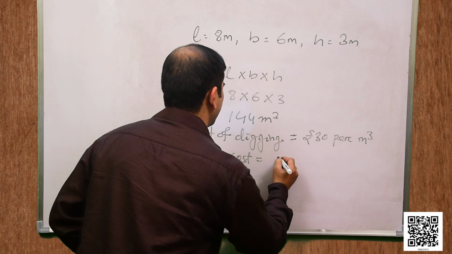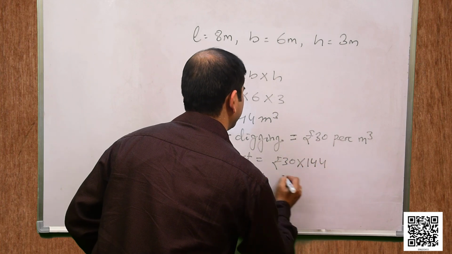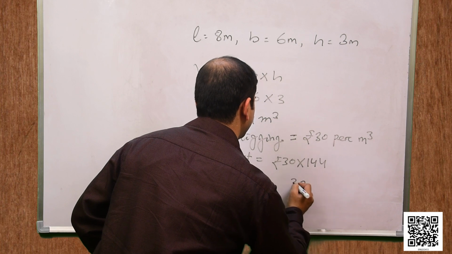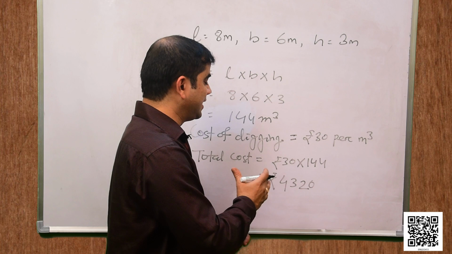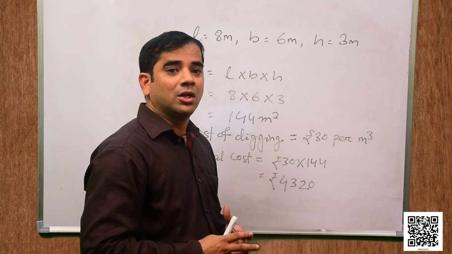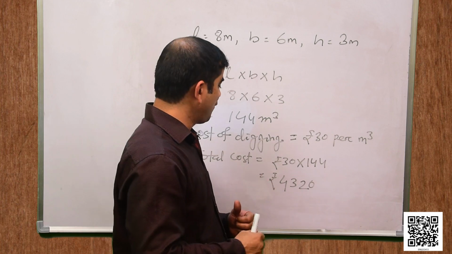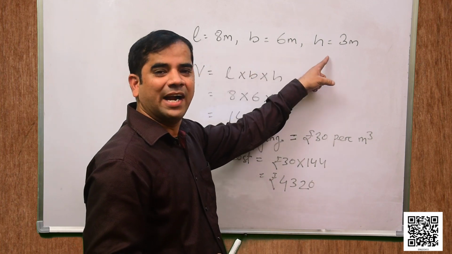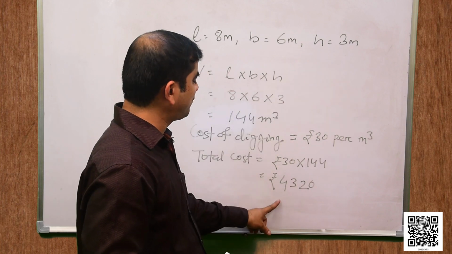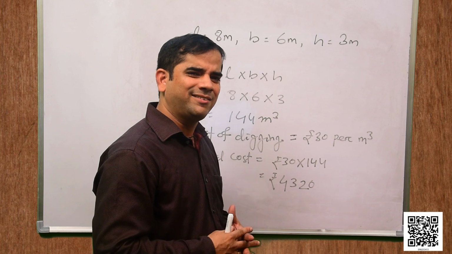Cost will be rupees 30 into 144, rupees 4,320. So, the total cost of digging a cuboidal pit of length 8 meter, breadth 6 meter and height 3 meter is rupees 4,320. Hope you understand.